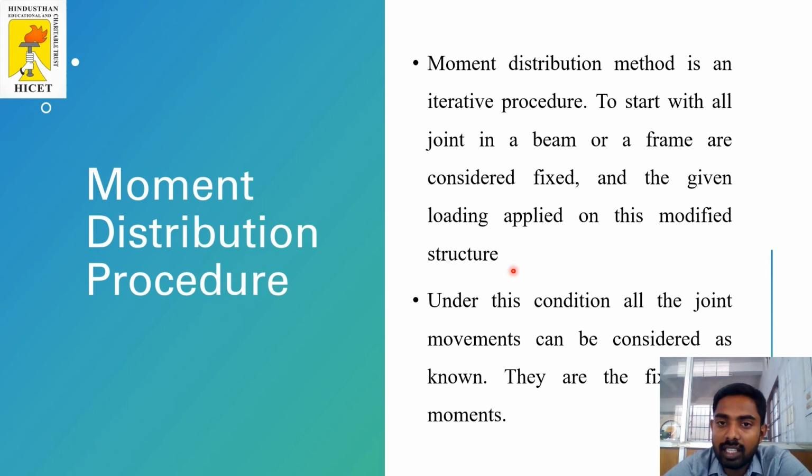We can start with the beam having fixed joints, and under this condition all the joint moments can be considered as known. If it is a simply supported end, the value of the fixed end moment will be 0, and in case of fixed end conditions, we know the formula to find the fixed end moments, and these are called the fixed end moments.